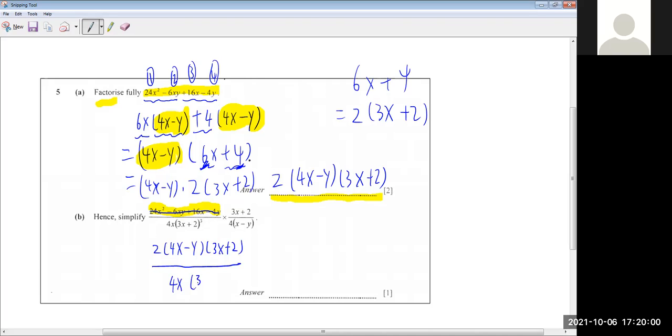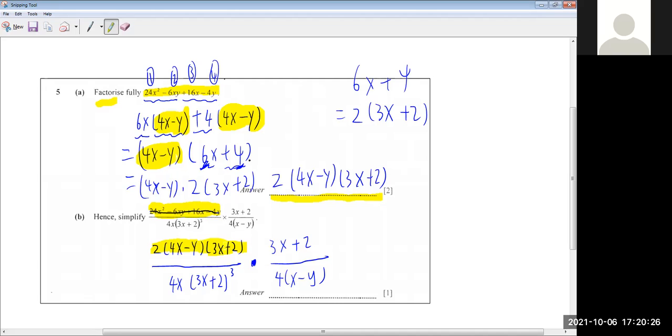The rest I just copy down. This is 3. This is times. So I don't want to confuse you, I don't use cross, I use times as a dot. So what I have done here is I just replace this whole thing with my answer in part 1. The rest I just copy down.